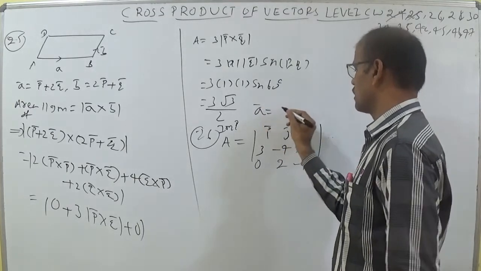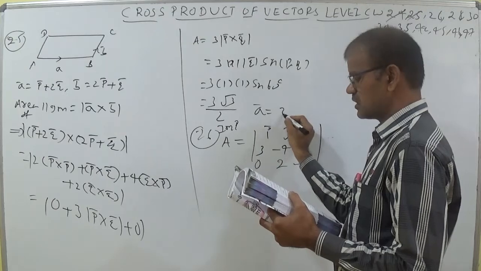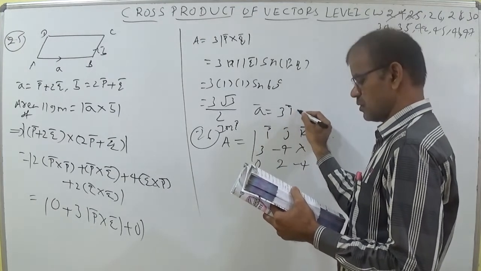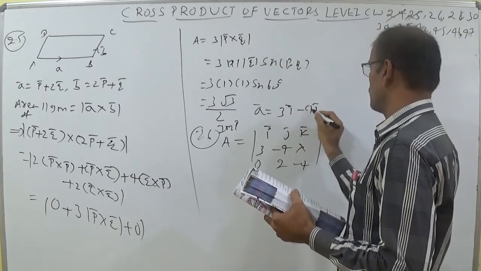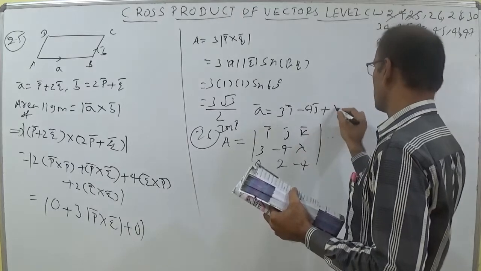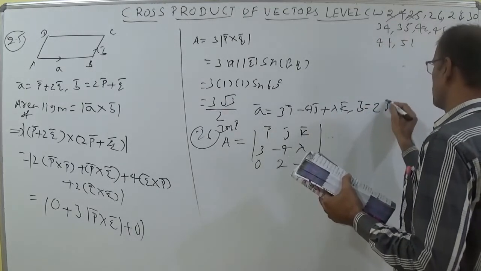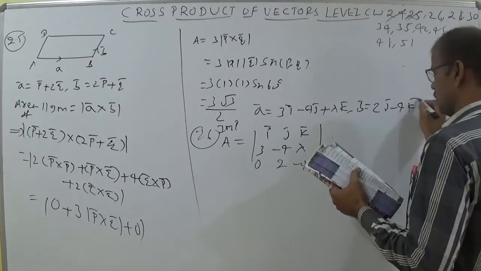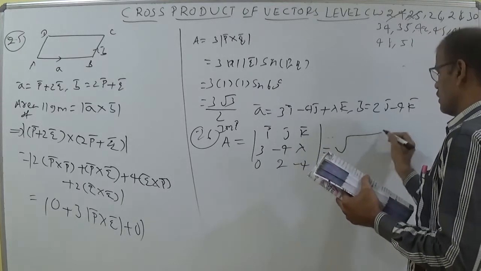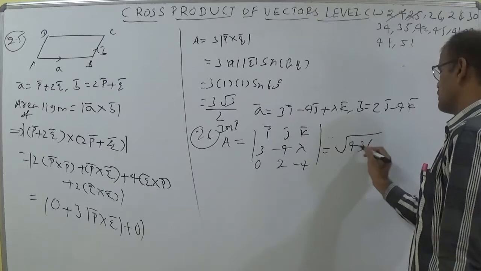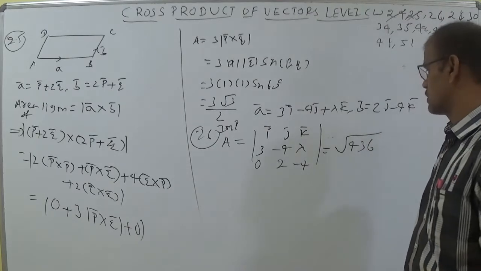I am writing here whatever sides he has given. A bar is equal to 3i minus 4j plus lambda k, and B bar is equal to 2j minus 4k. The area, not vector area, it is the magnitude area, root 436 he has given.